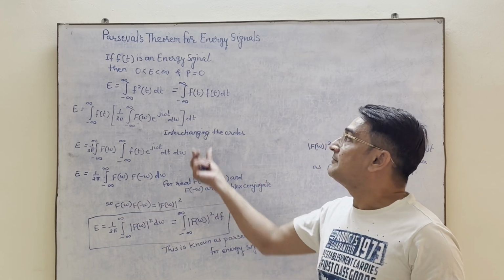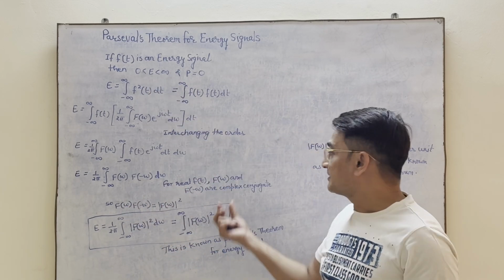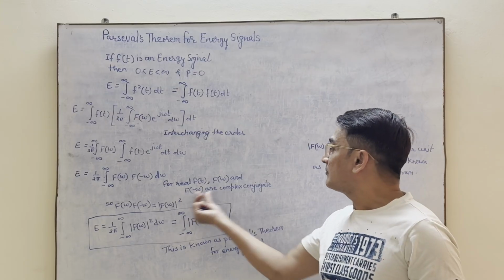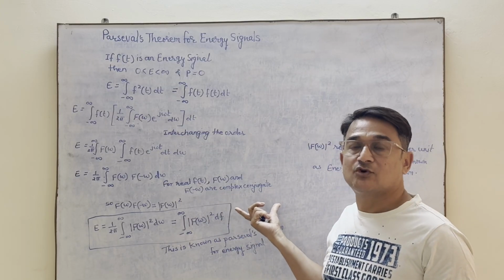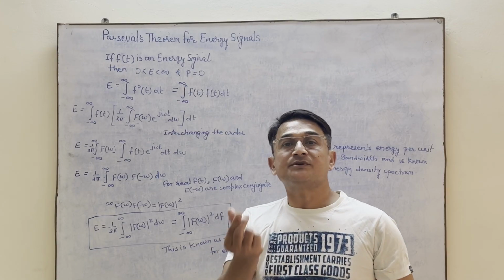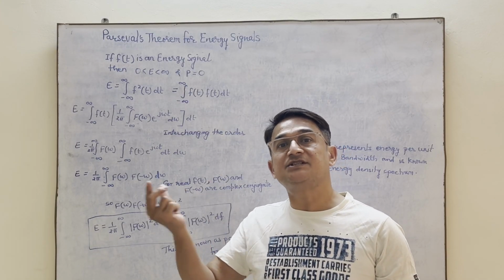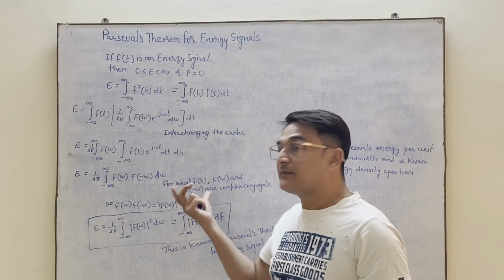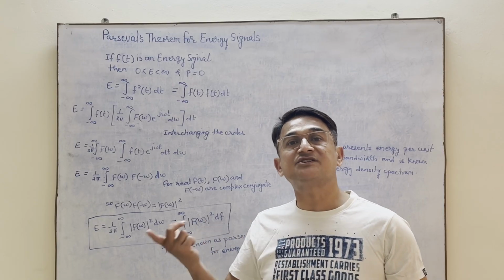For a real f(t), if f(t) is a real function, then F(omega) and F(minus omega) are complex conjugates. You know the concept of complex conjugate. If suppose F(omega) is a plus jb, that means F(minus omega) is a minus jb.